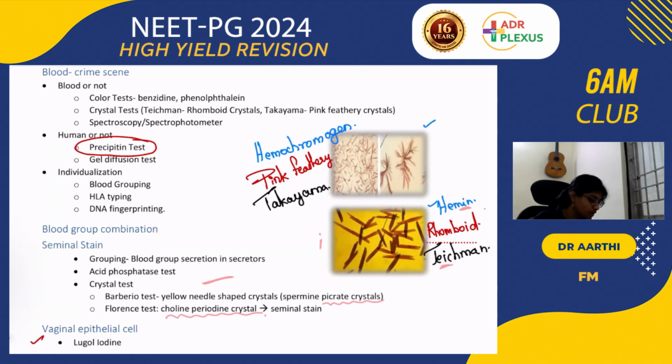All your color tests are your presumptive tests for whether it's blood or not, whereas all your crystals are confirmatory tests.